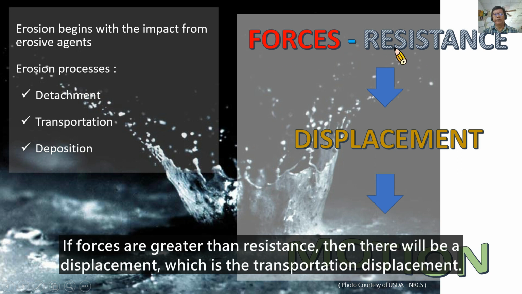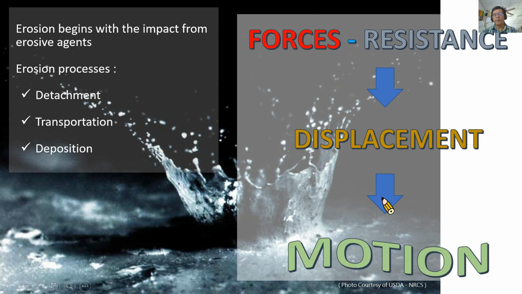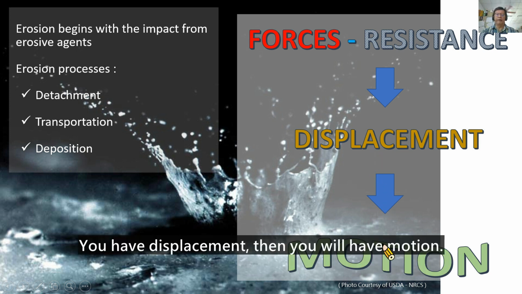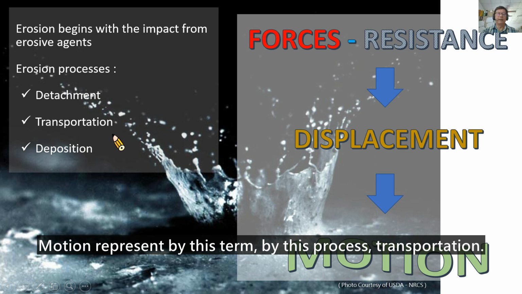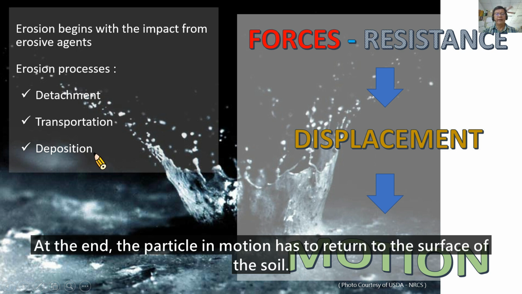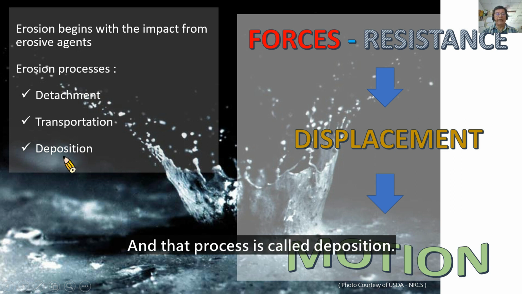If force is greater than resistance, then there will be a displacement. You have displacement, then you will have motion. Motion, represented by this process, is transportation. And at the end, the particle in motion has to return to the surface of the soil. That process is called deposition.